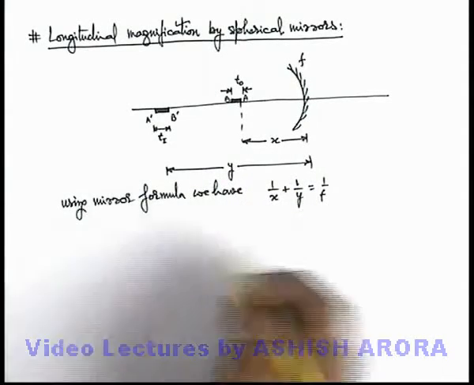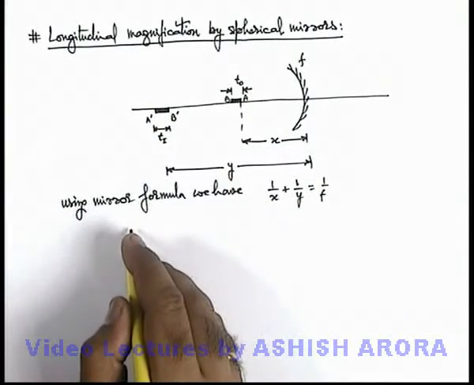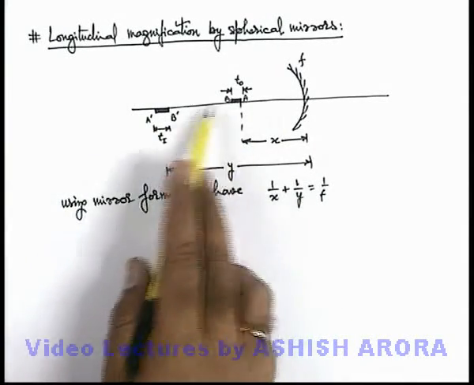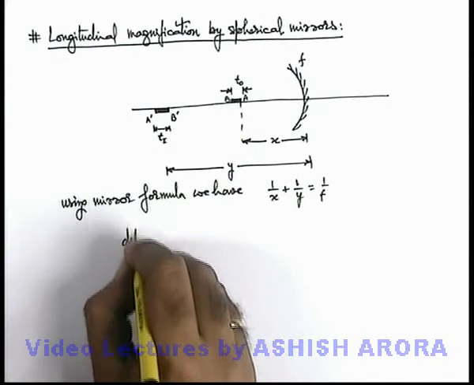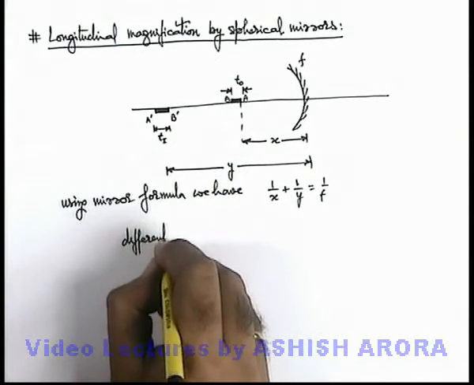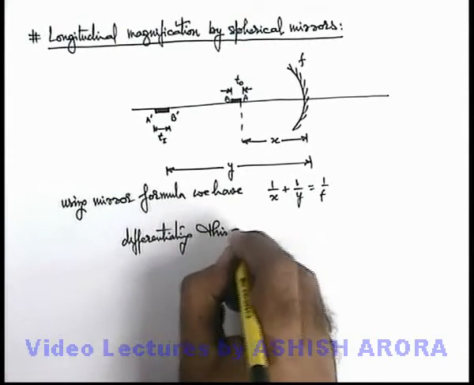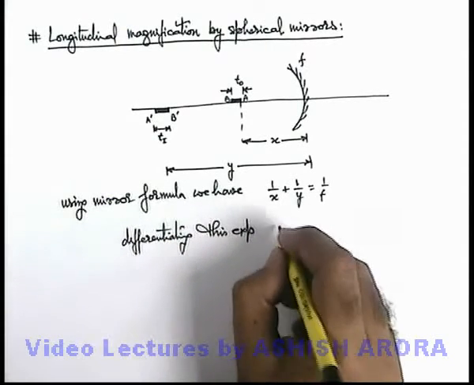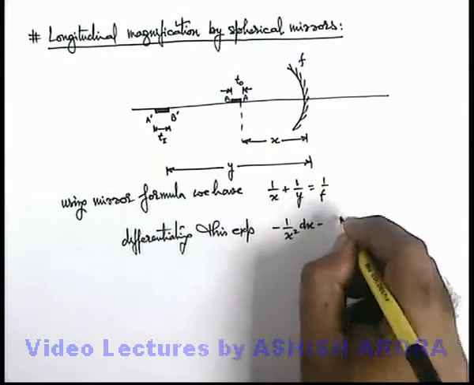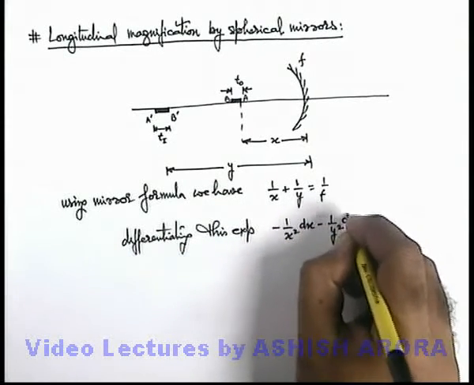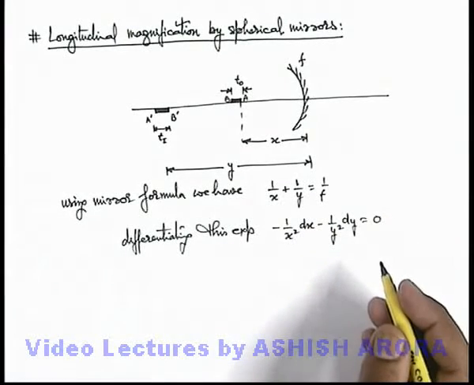Now in this situation, we differentiate this expression just to find out the variation along the principal axis in values of x and y. So see what we'll be getting differentiating this expression. We get 1 by x, after differentiation it will be minus 1 by x square dx minus 1 by y square dy is equal to 0, as the focal length always remains the same.